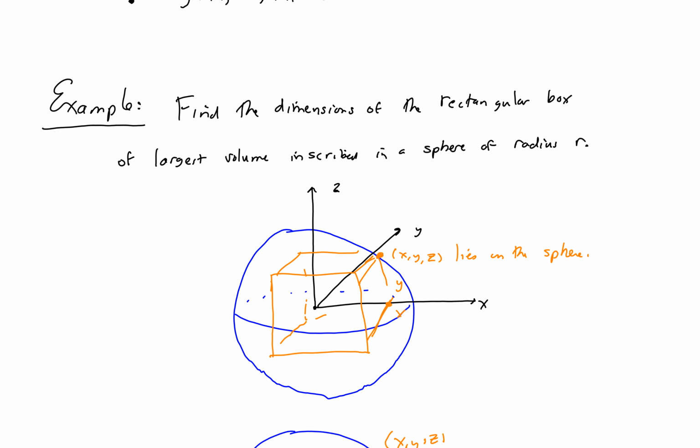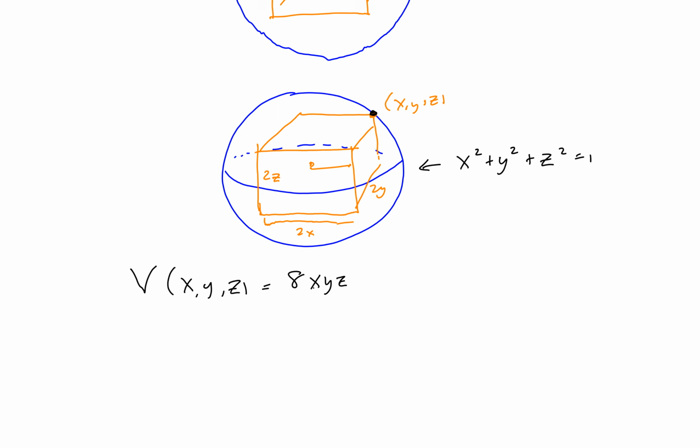Did I use a capital or little r? Little r. And our point here has to lie on the sphere, so our constraint is g(x, y, z). And since r is constant, it's just g(x, y, z) equals r squared is our constraint.